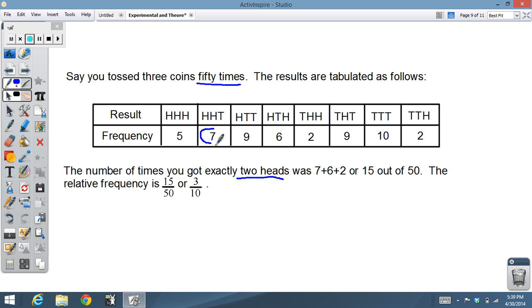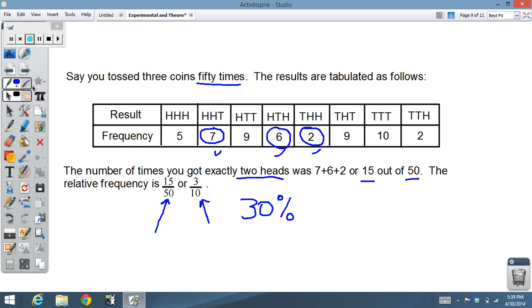Well, I see 2 heads there. I got 2 heads there. And I got 2 heads there. So we're going to take 7 plus 6 plus 2 for a total of 15 out of the 50 times we did it. So the relative frequency of getting 2 heads, 15 out of 50, 3 out of 10, 30%.